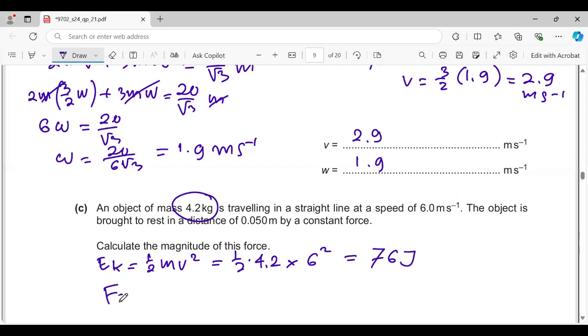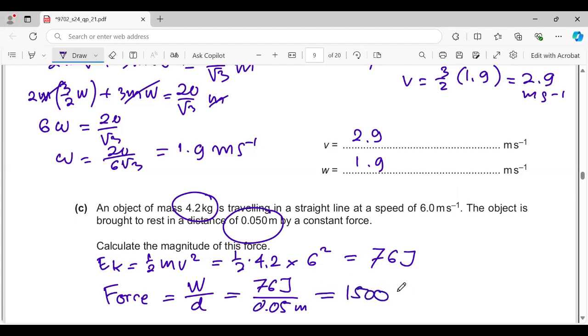And force equals work done over distance. Work done is this one, 76 joule over distance, 0.05 meters. So it is 1,500 Newton.